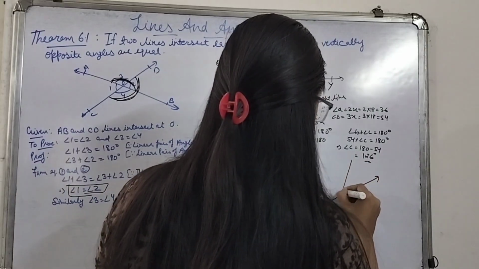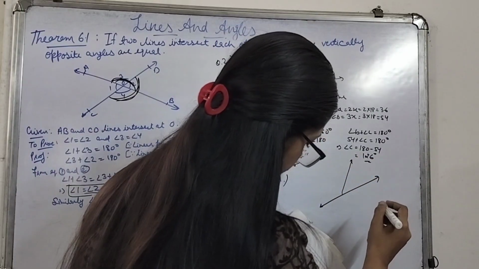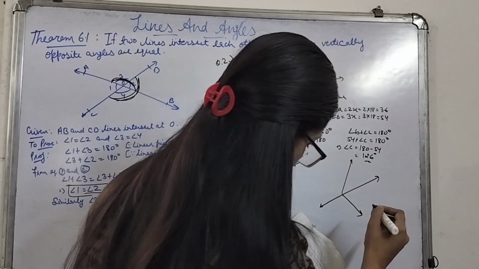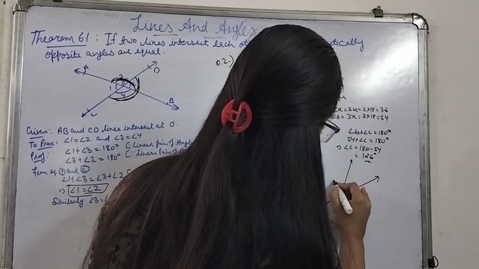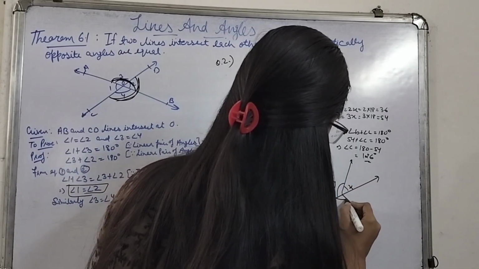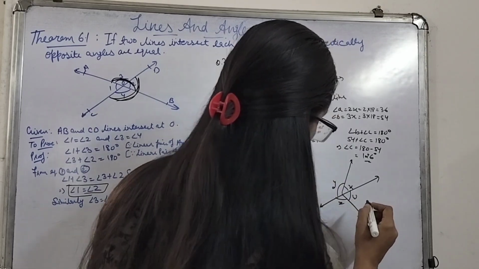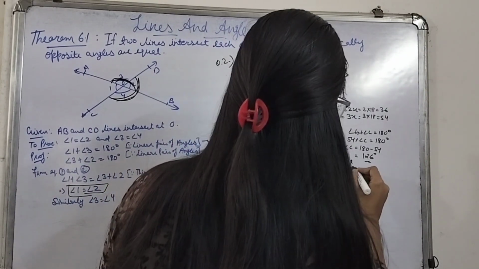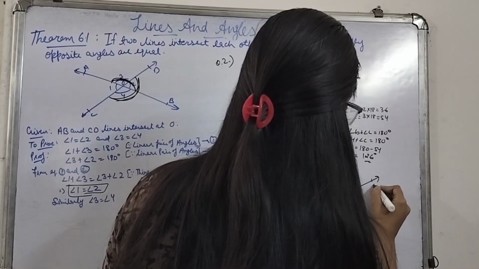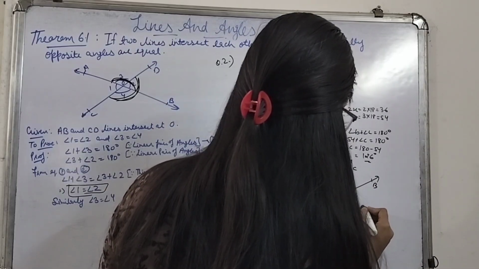This is one of the rays, this is another ray. This is x, this is y, this is z, and this is w. This point is A, here it is C, here it is B, and here it is D. This is the figure.